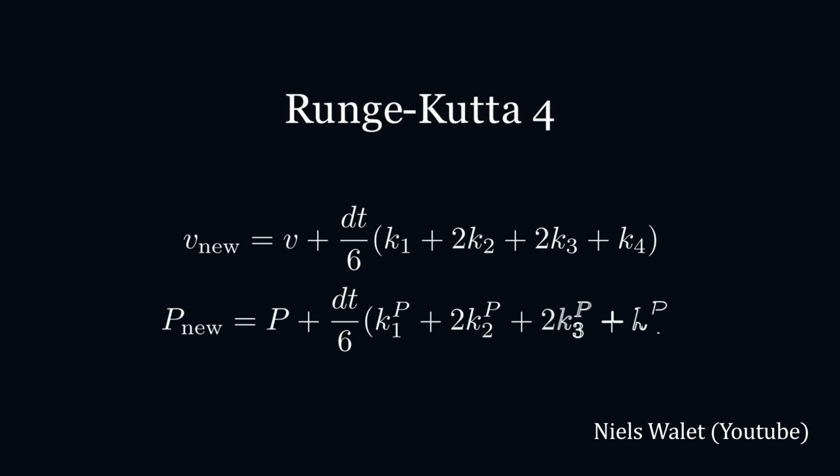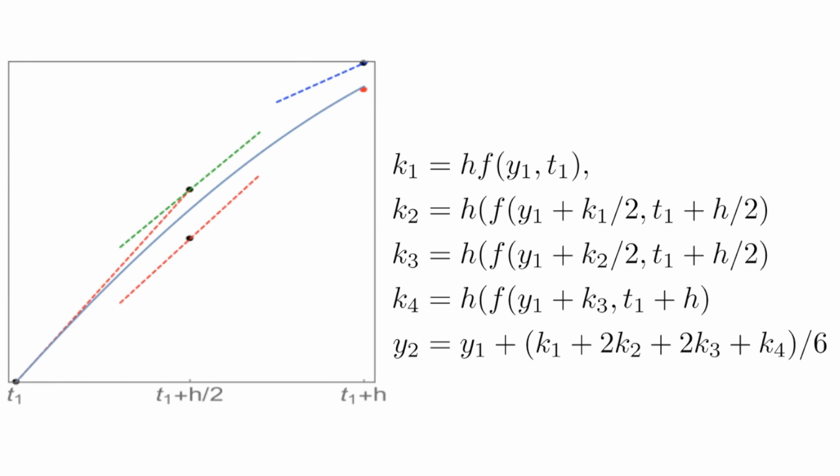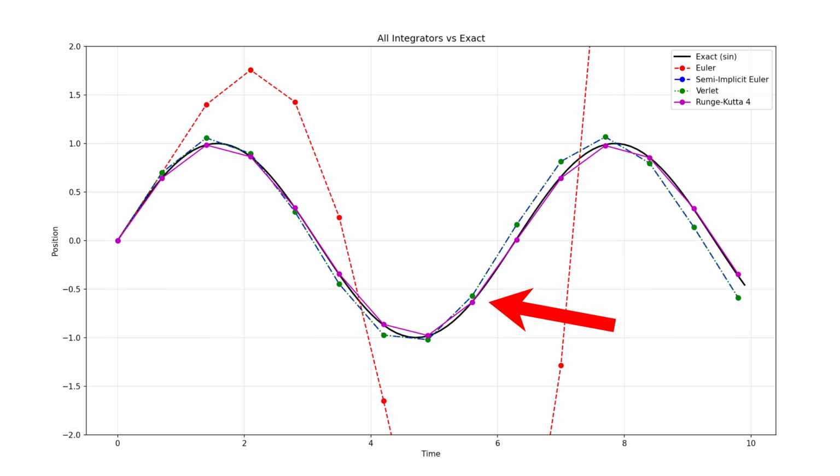It computes the weighted average of 4 different gradients, hence the name Runge-Kutta 4, which are 1 at the start, 2 at the middle, and 1 at the end, which are K1, 2, 3, and 4 respectively. These work so well as they appreciate that acceleration isn't linear between time steps and account for it, unlike Euler or symplectic integration. They create extremely accurate results, and it's the method I'll be using. Also, NASA frequently uses this method too.